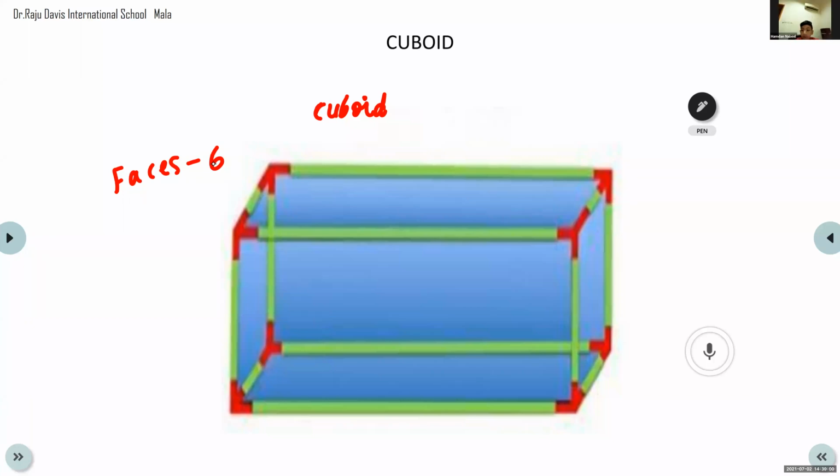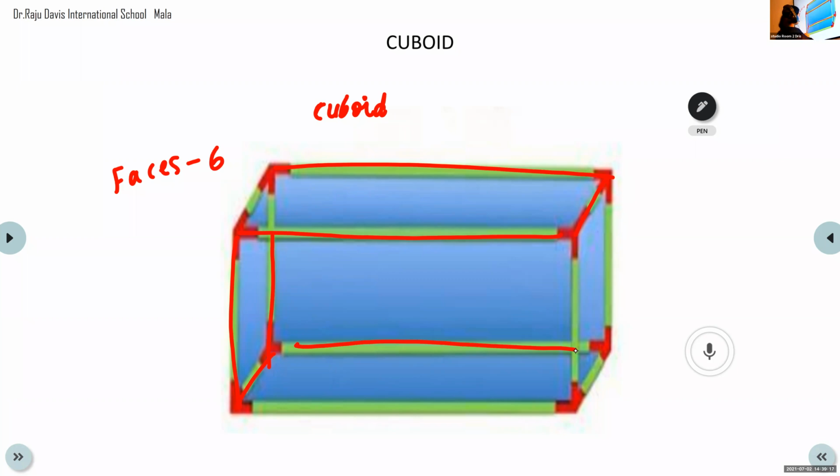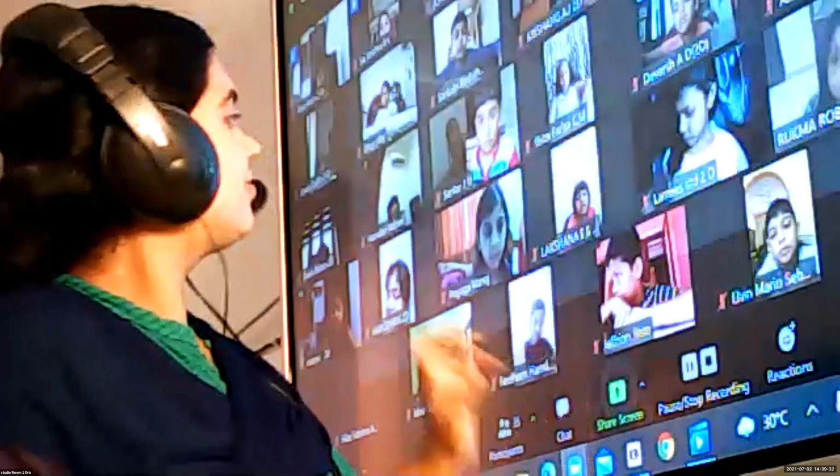Rukma, please unmute. Yes, ma'am. How many edges are there? All these sides of these rectangles are the edges. So how many edges are there for a cuboid? Only 8? 12.